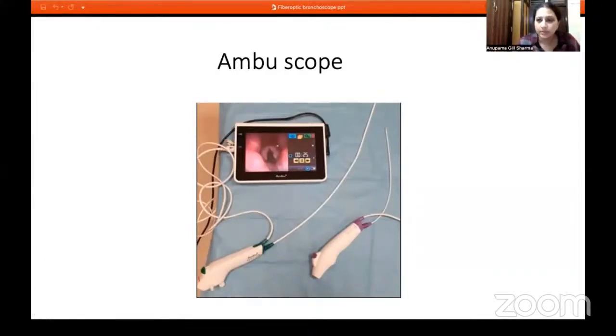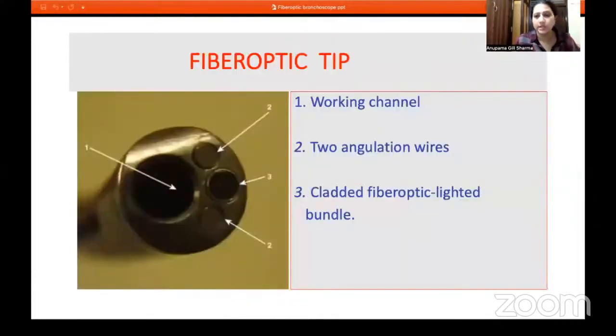Advantages are that it is much cheaper, and disinfection and decontamination is easier, but the image quality is poor, and the more lasting, time-tested one is the fiber optic scope. But the disadvantages of a fiber optic are that it's a very expensive equipment, and disinfection is a tedious process.